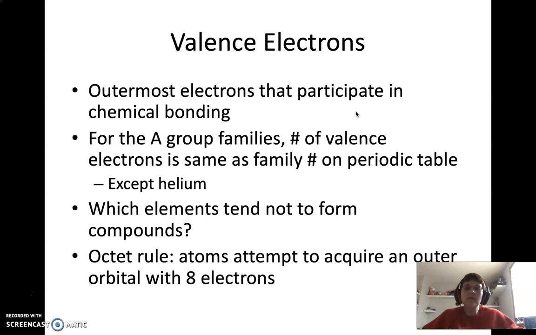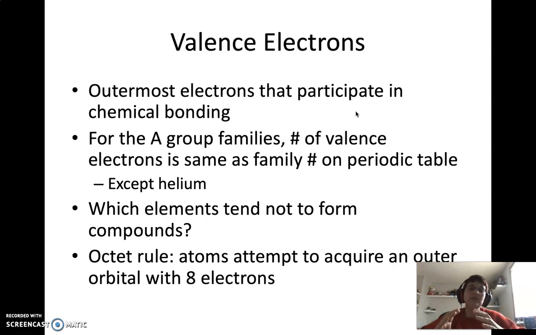So what we have with these valence electrons is what we call the octet rule. Octet for 8. Atoms are going to attempt to get an outer orbital, or valence shell, of 8 electrons. So for group 1, which contains things like sodium, they have 1 extra electron in that outermost shell.